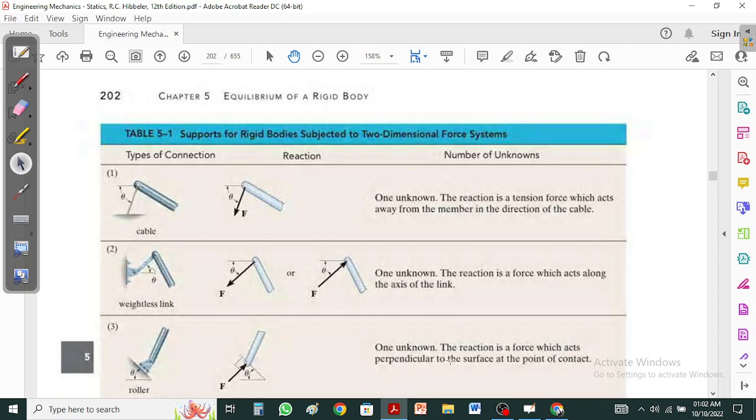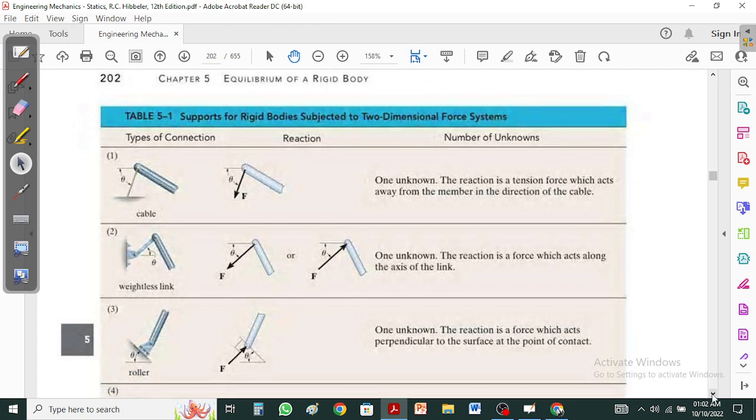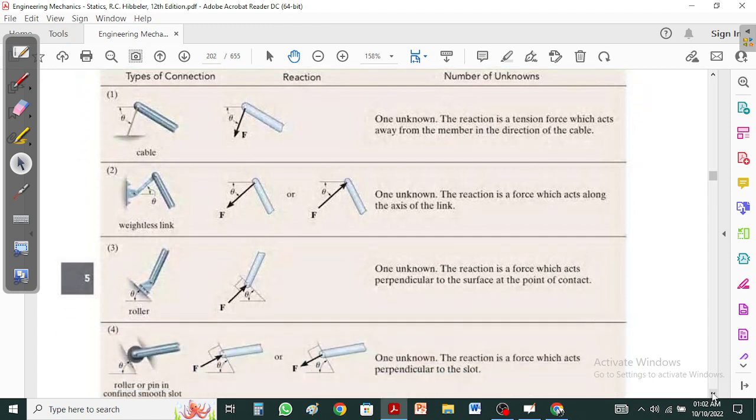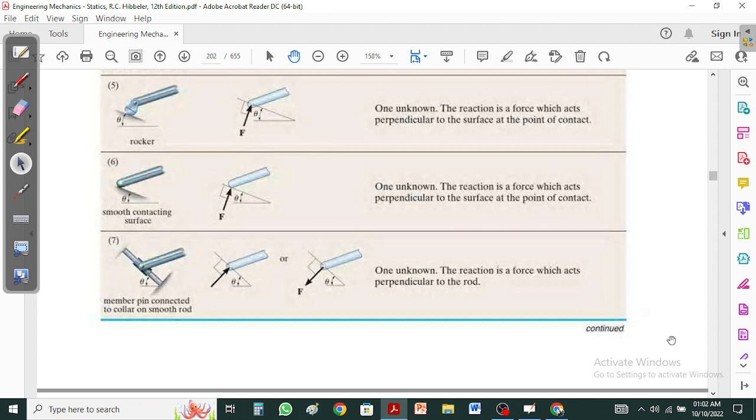One unknown, the reaction is a force which acts perpendicular to the surface at the point of contact. Okay, so we have understood this also. Then he says that if you have got a rocker, it will also give you one unknown reaction, and the reaction is a force which acts perpendicular to the surface at the point of contact.